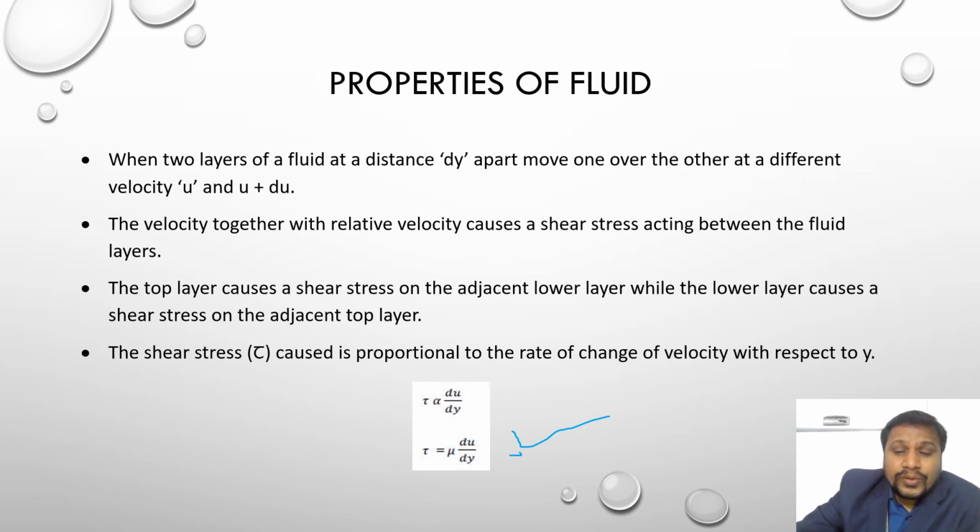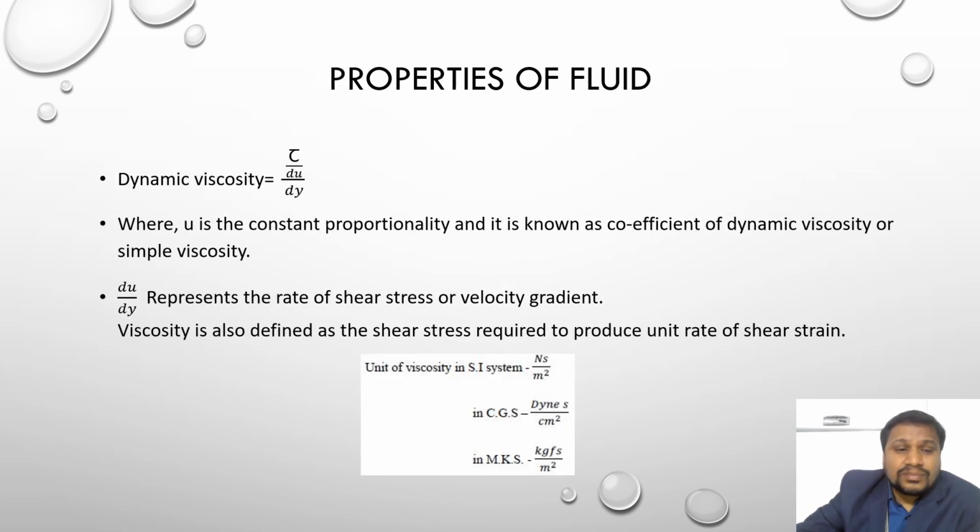Dynamic viscosity mu is equal to tau by du by dy, where mu is the constant of proportionality, known as the coefficient of dynamic viscosity or viscosity. The du by dy represents the rate of shear strain or velocity gradient.